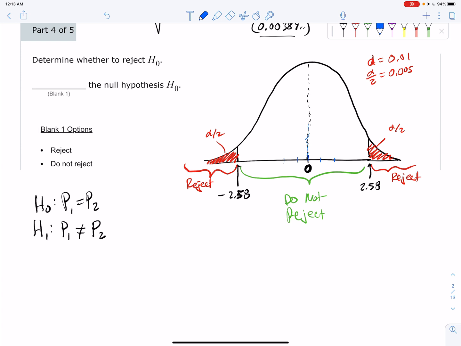We're assuming that. Now we go out and sample the population and plot that test statistic. If it's anywhere in here, we're saying, well, by chance, it's going to be a little bit off.